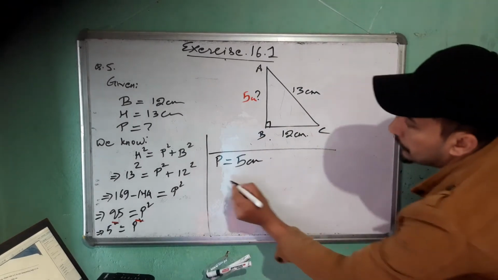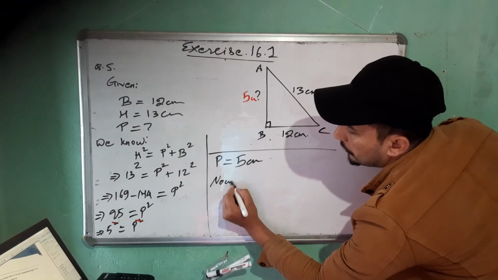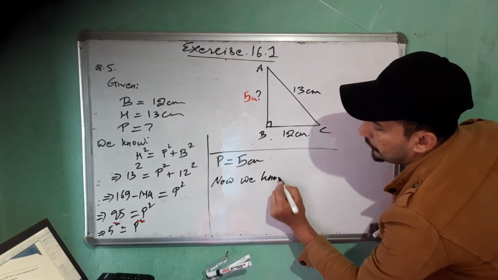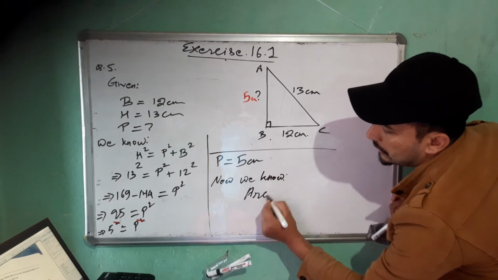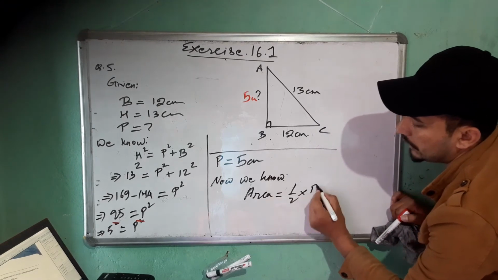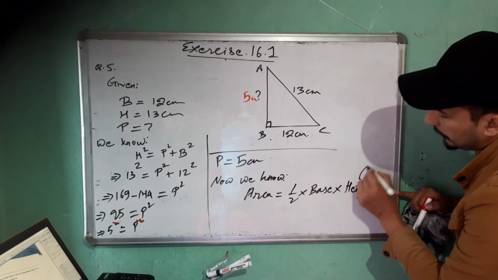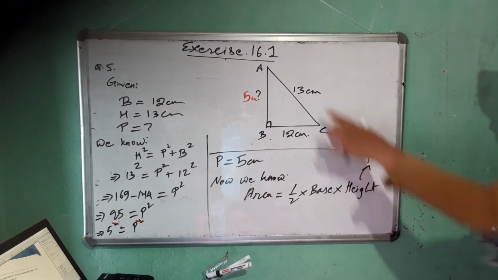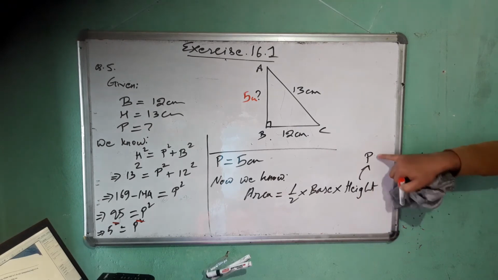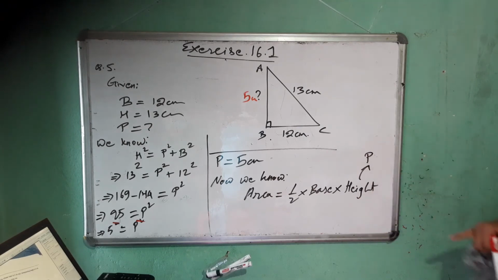Now we know area is equal to half into base into height. Height means perpendicular, okay, p, not hypotenuse. Remember that.